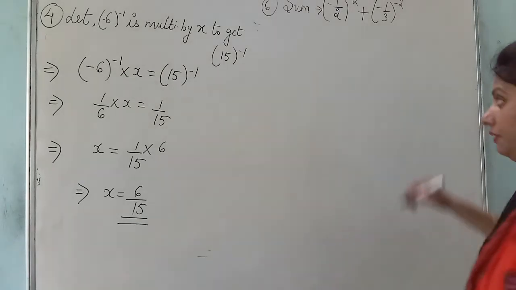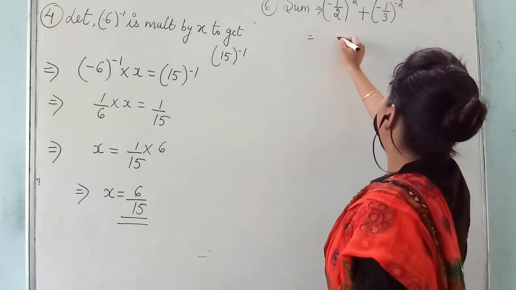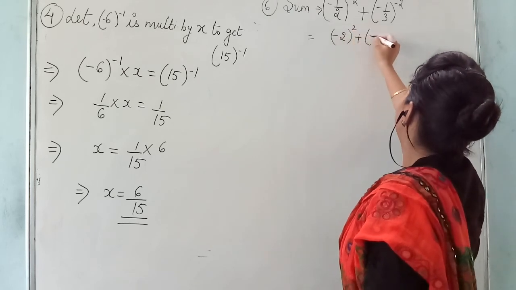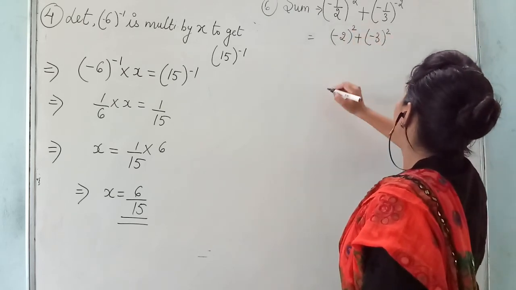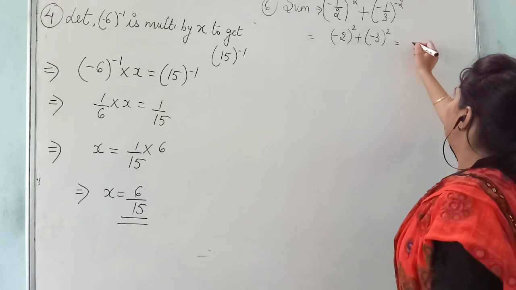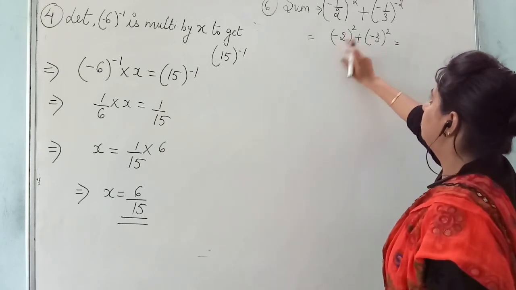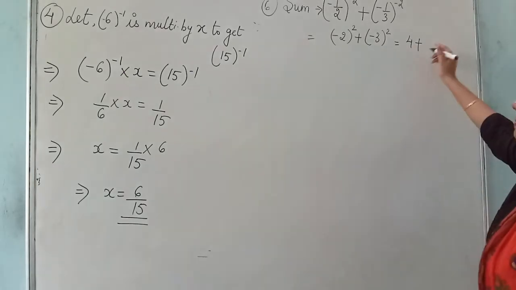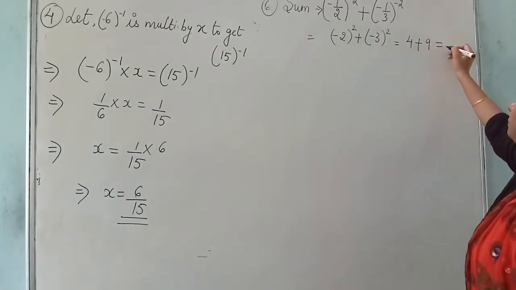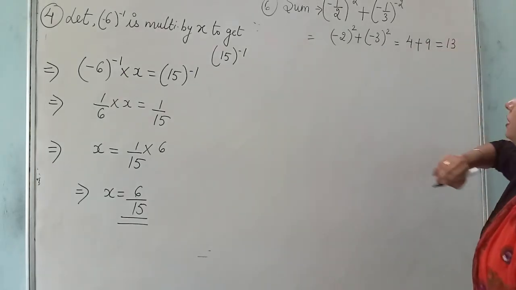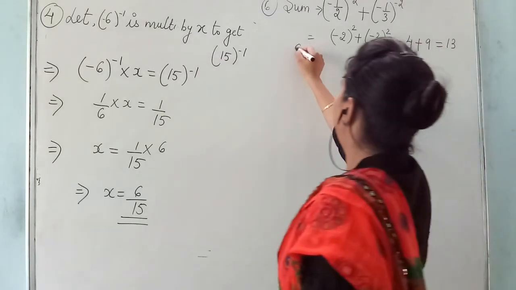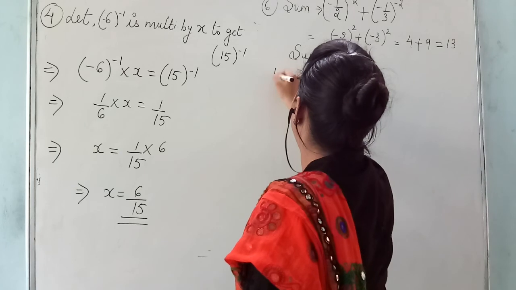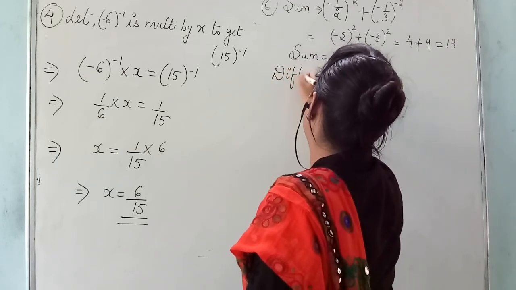We will solve this first. So it will be minus 2 raised to the power 2 plus minus 3 raised to the power 2. It will be equal to minus 2 into minus 2 will be 4, plus minus 3 into minus 3 will be 9. It will be equal to 13. We got the sum as 13. Now we have to find the difference.